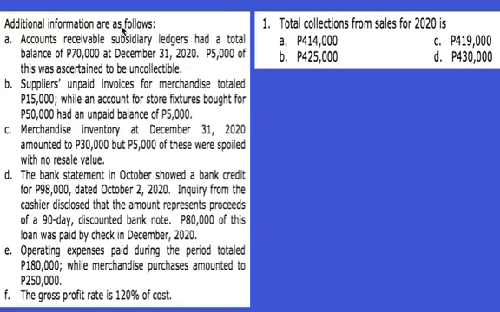Refer to letter F. So, we can use this one to get the total sales. Yung gross profit rate daw, 120%. At ang basis, cost. So, pag na-compute natin yung cost of sales, mako-compute natin yung gross profit. Makompute na rin natin yung sales.